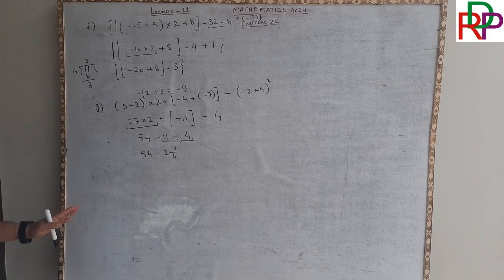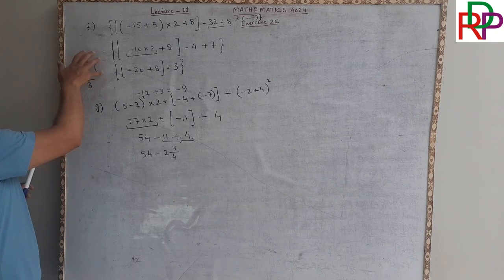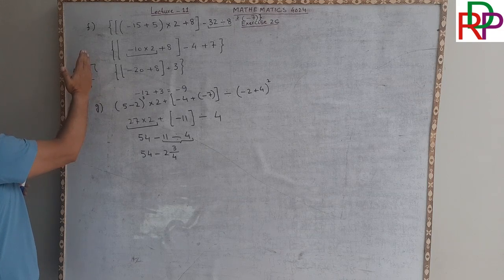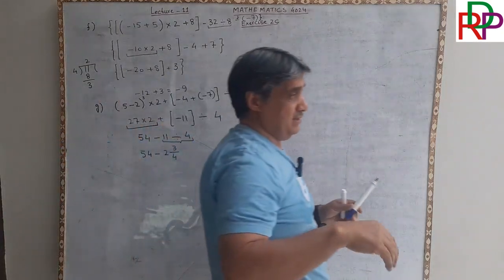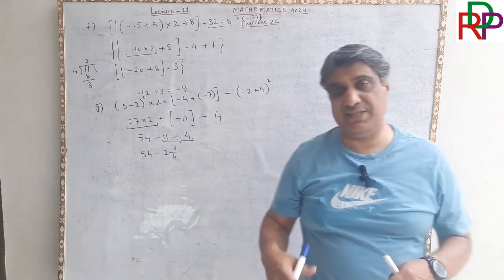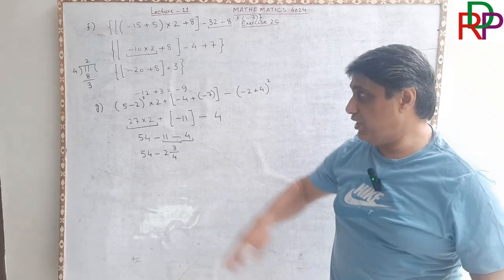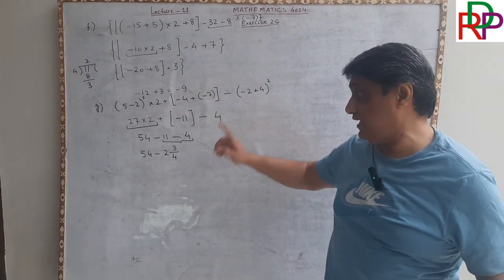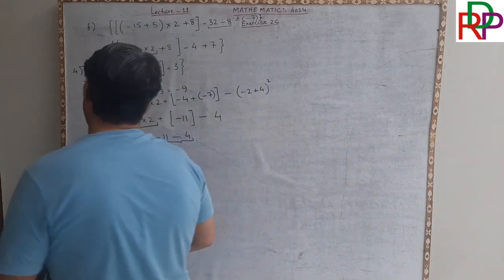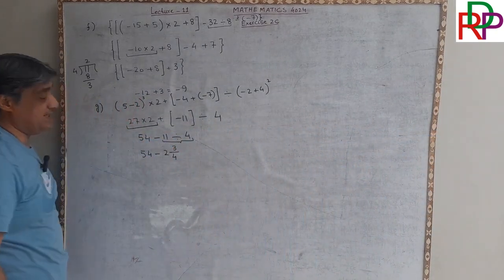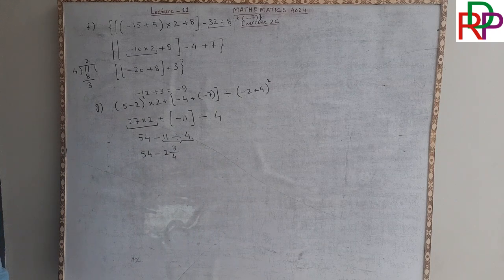This is the style of CIE, that when there is a mixed fraction, you have to write it as a mixed fraction, not a decimal. Remember, if the question is given in decimals, then you have to give the answer in decimals. But if decimals are not there, then you have to write it in this particular format.